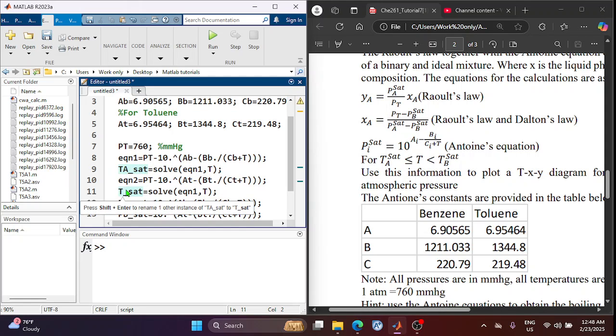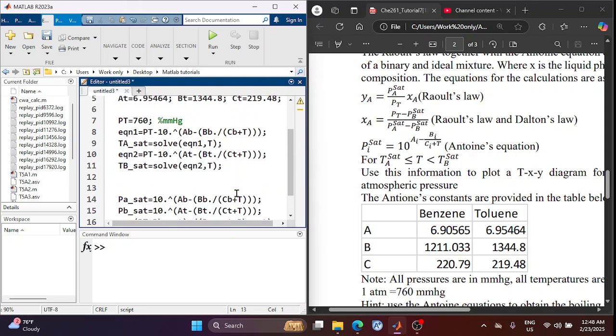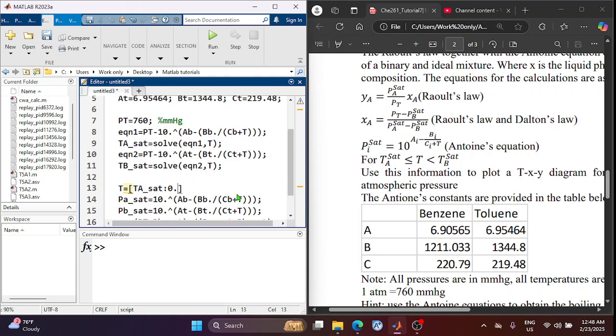So here TB sat should be equal to solve equation 2 now for T. Now my range of values for T, the T that I'm going to be fixing into these expressions down here, is going to start from TA sat, increase by a value of 0.1, and end at TB sat. This is what we are going to get.